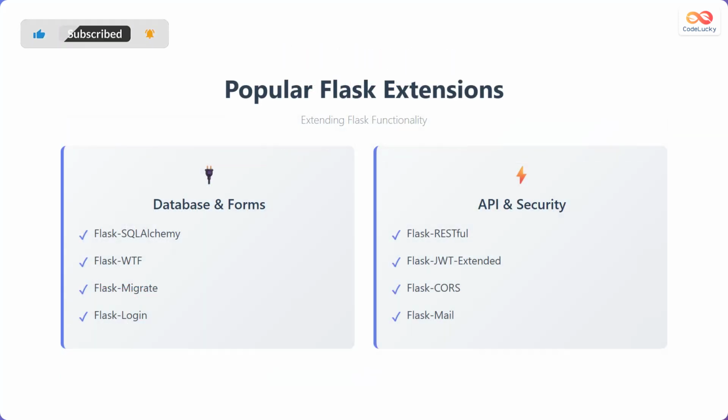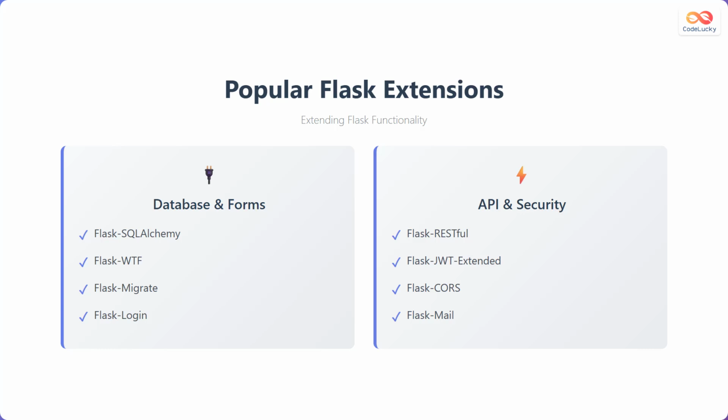Flask's ecosystem includes numerous extensions that add functionality without bloating the core framework. Flask-SQLAlchemy provides object relational mapping for database operations, making it easy to work with databases using Python objects. Flask-WTF simplifies form handling and includes CSRF protection out of the box. Flask-Migrate handles database schema migrations, allowing you to version control your database changes. Flask-Login manages user authentication and session management.